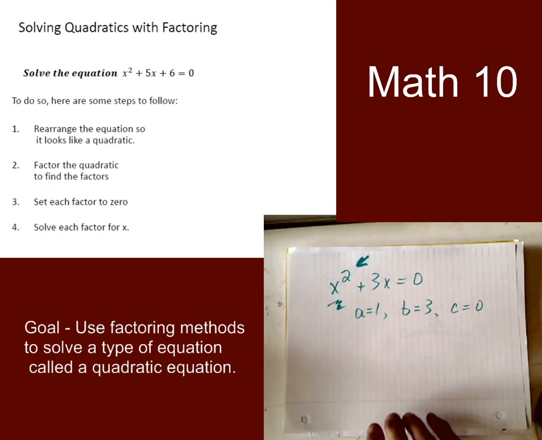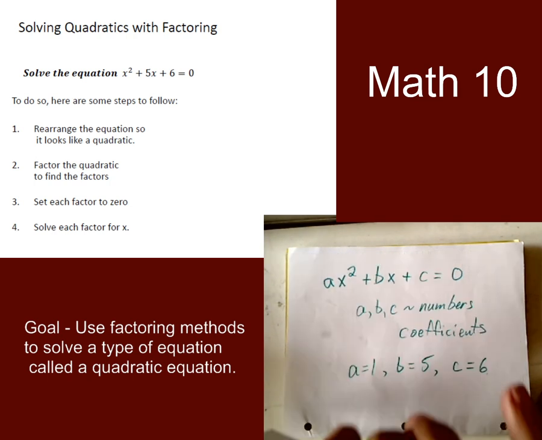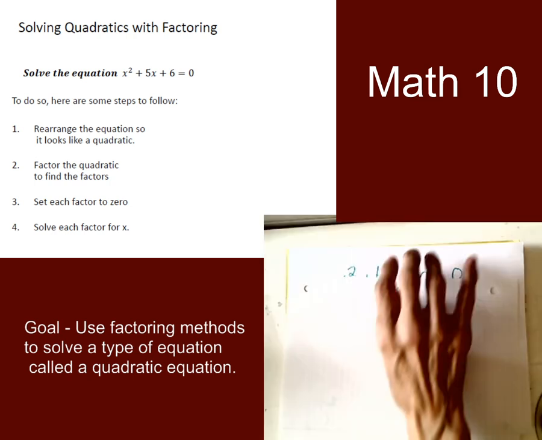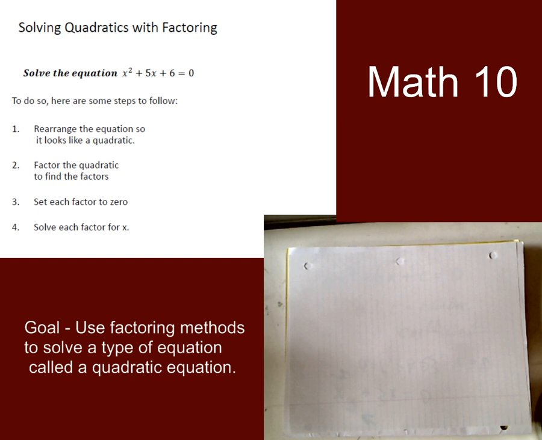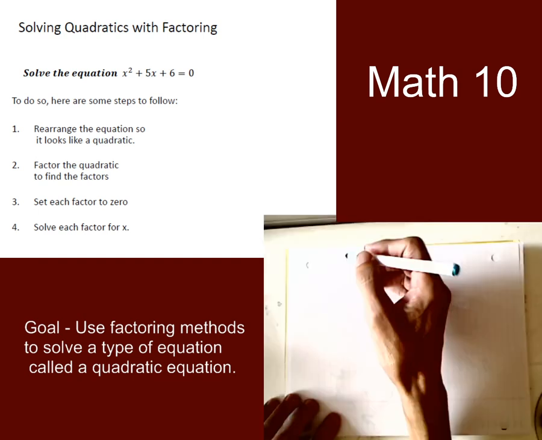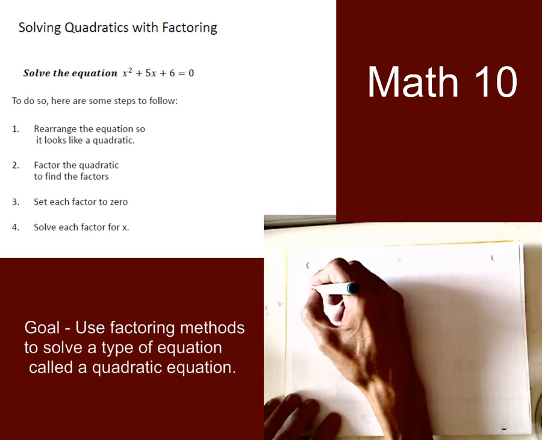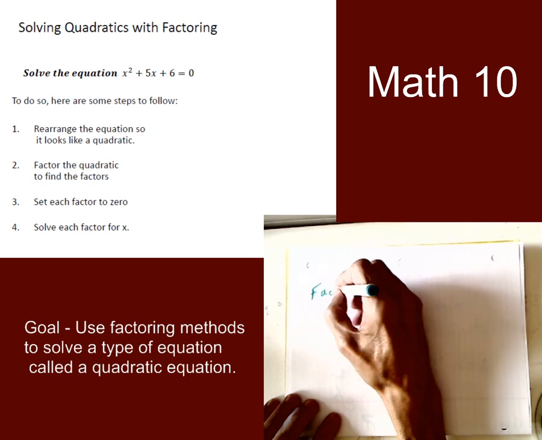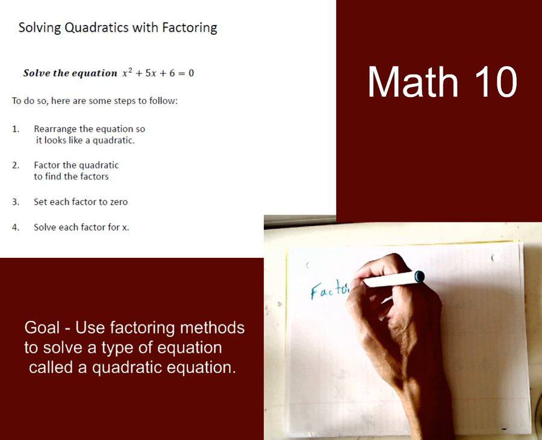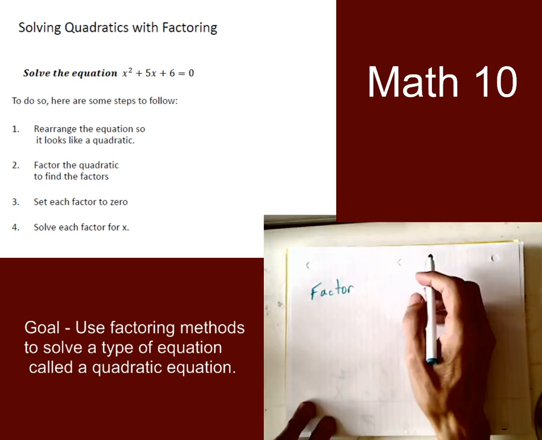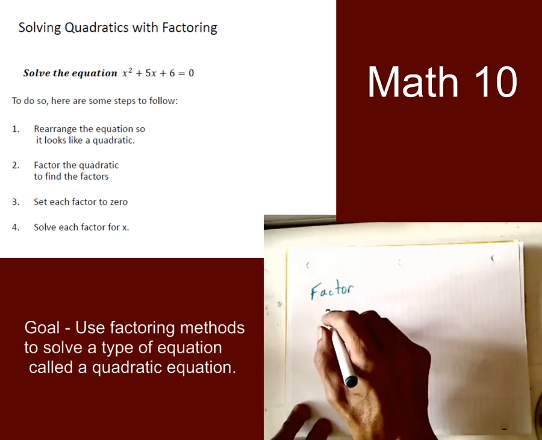Now, in order to solve one of these things, really you can summarize it like a recipe here. On the screen there, you can see there's 1, 2, 3, 4 steps. But really, you can combine those steps.